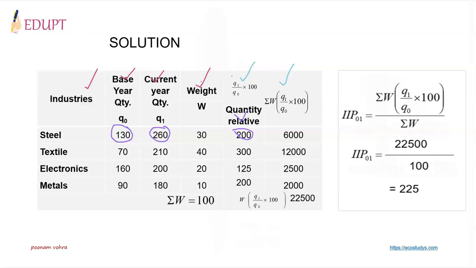This multiplied by weight, that is 30 multiplied by 200, and you get 6000.